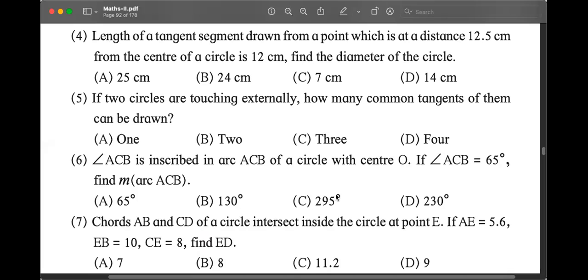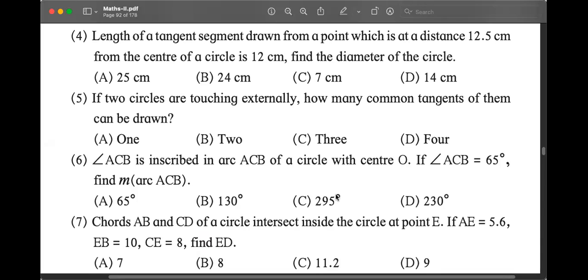Number 4. The length of a tangent segment drawn from a point which is at a distance of 12.5 centimeters from the center of a circle is 12 centimeters. Oh my God. Find the diameter of the circle. Again, a question for which we will have to draw a rough diagram.